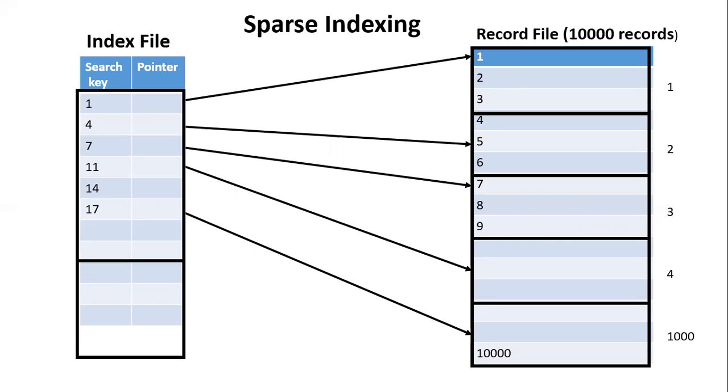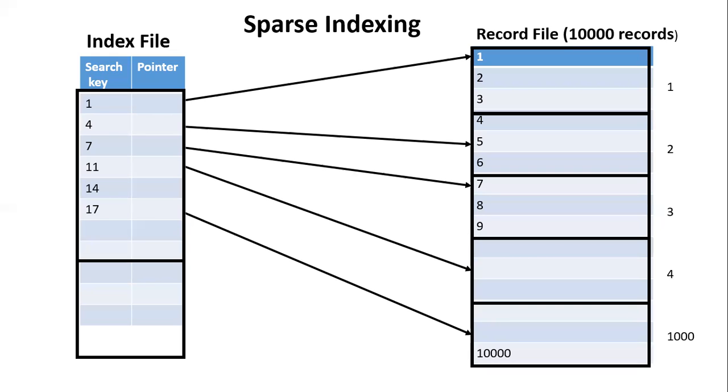Okay, so when we reach the block at the base address, we will search in a sequential manner. First we will check whether the first record is equal to 2 or not. If it is not, then it will move down to the next record, and the next record is 2.